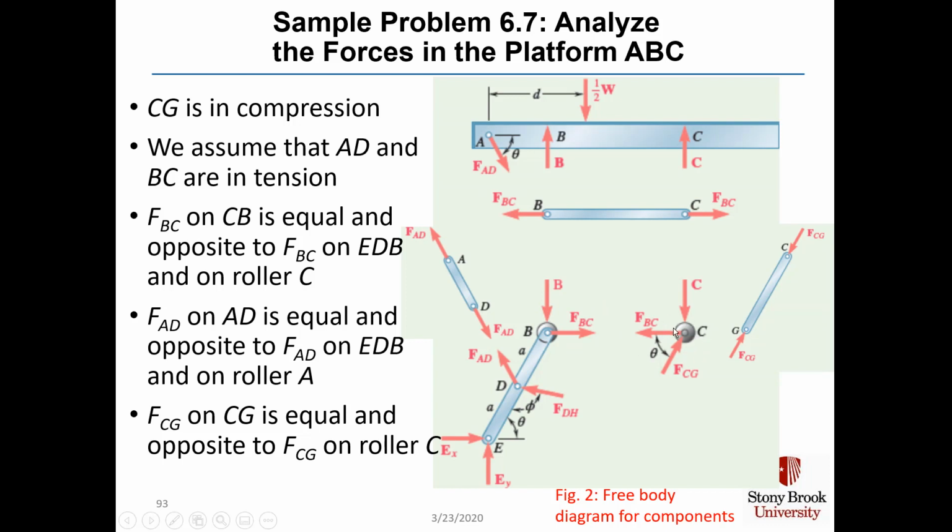And it's also equal and opposite to F sub BC, which is acting at point C. F sub AD, which is on member AD, assumed again to be in tension, is equal and opposite to this force F sub AD on member EDB.